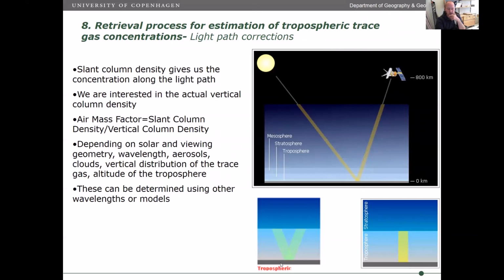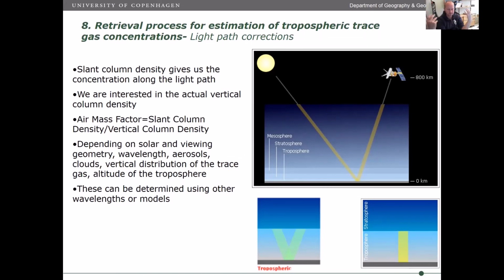But when we assign a value to a certain pixel, we want the concentration that is straight above this pixel. And this is completely depending on solar and viewing geometry, if there are aerosols, if there are clouds, and the vertical distribution of the trace gases.